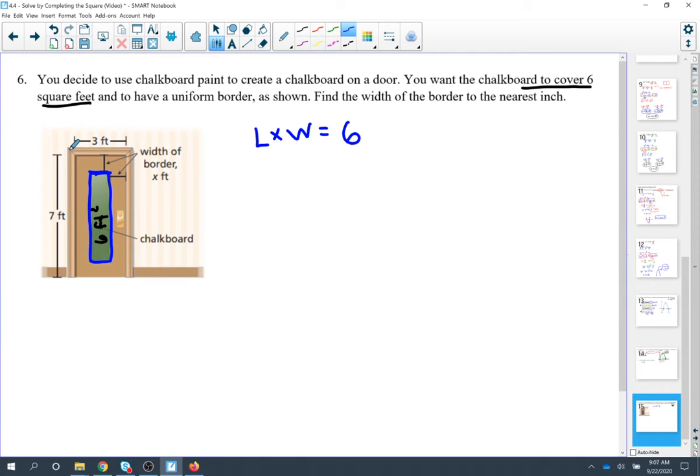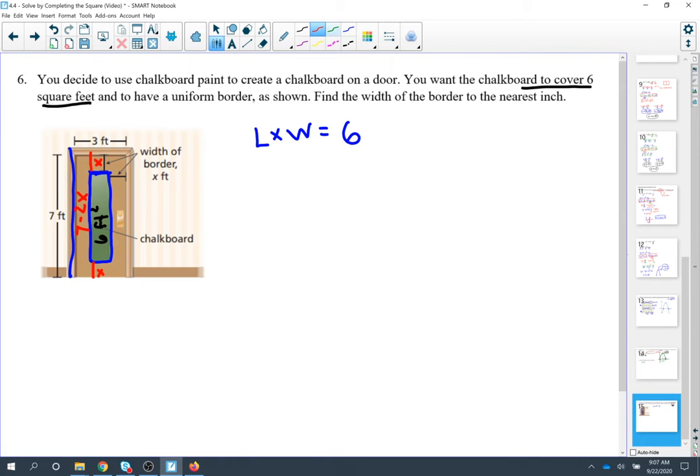Well, the length of the door here starts at 7. Then I have x here and I have x here because that's my border. So when I come to my chalkboard, it was 7, but I'm subtracting 2x.